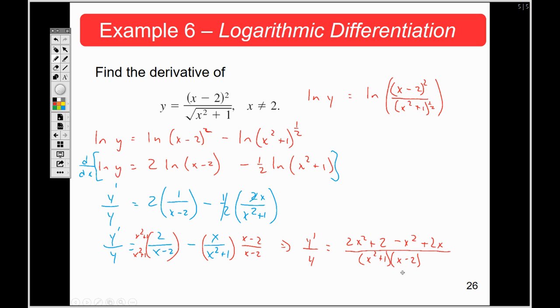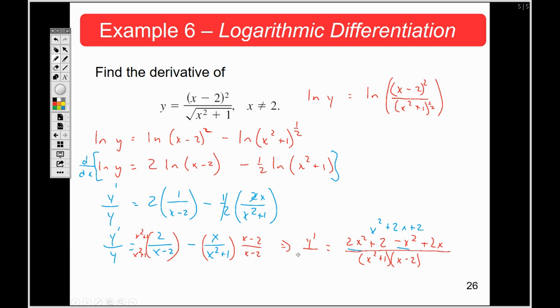Okay, so hopefully we're good with that. We get some things that are going to simplify here. This whole thing becomes x squared plus 2x plus 2, as this and this are like terms, right? And then if we go back and think about what y is the same as, this thing, right?